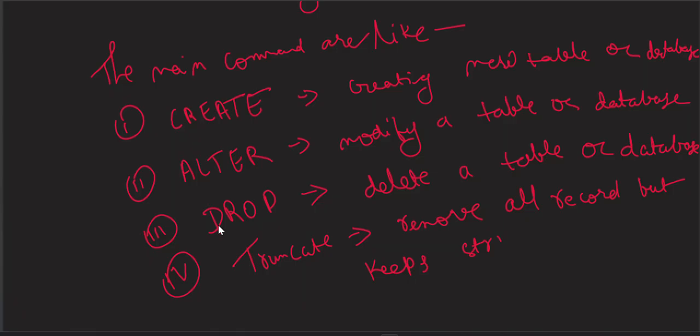Truncate means it removes all the records, but not the schema of the database. So these are all four commands in the Data Definition Language, which is DDL. So let's see the query for all of these.